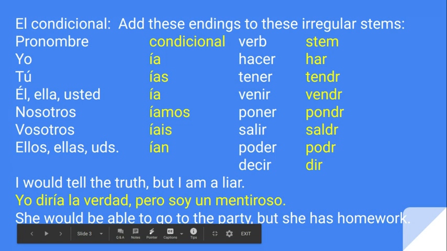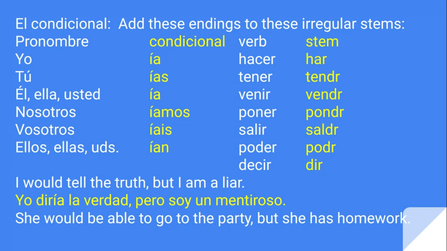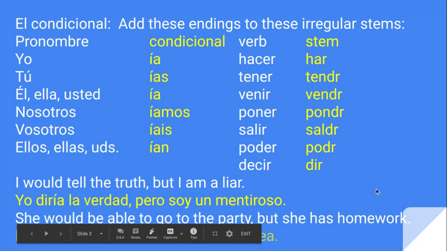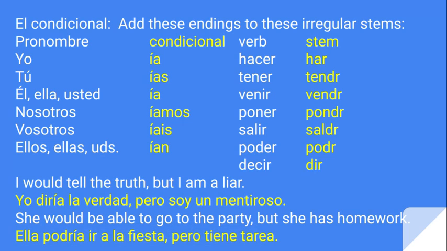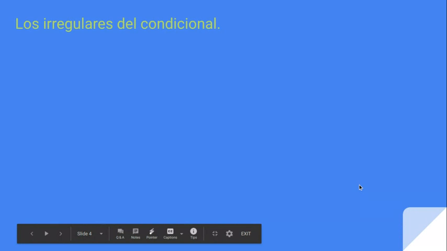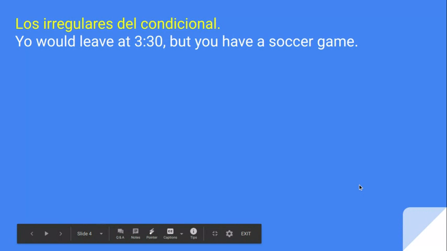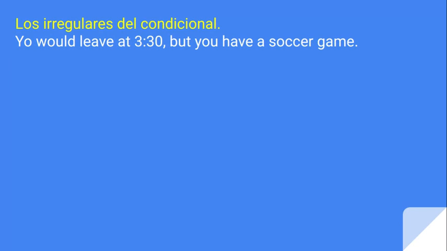She would be able to go to the party, but she has homework. Ella podría ir a la fiesta, pero tiene tarea. You would leave at 3:30, but you have a soccer game.